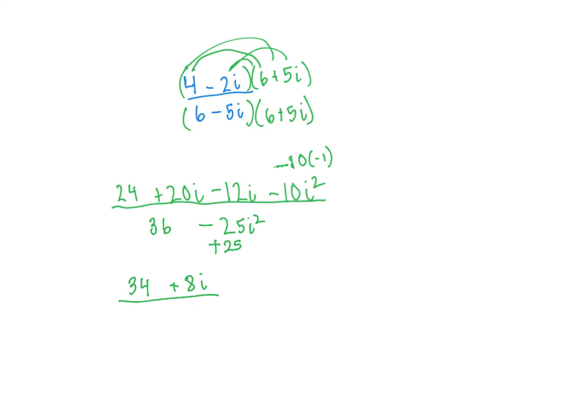So 36 plus 25 is 61. Okay. Then we just rewrite the real part, which is 34 over 61, plus the imaginary part, 8i over 61.